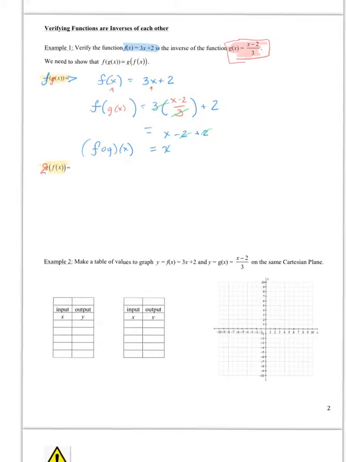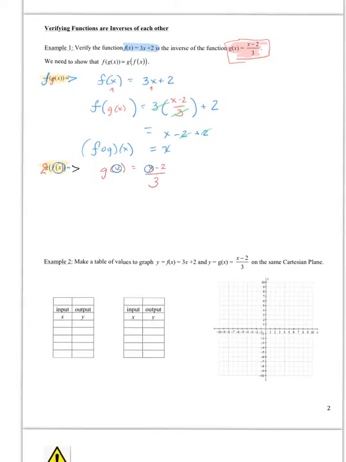So if I start with g of x, which equals x minus 2 over 3, I'm now going to substitute in f of x for x.